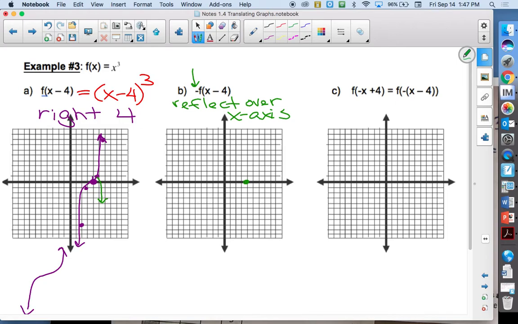Not x, how about y? Taking this y value and moving it down, because if it was positive, it becomes negative. If it was a negative y value, it becomes positive. So the graph, the top part's flipping down, the bottom part's flipping up, since it's flipping over the x-axis. Make sure you flip it over the x-axis.